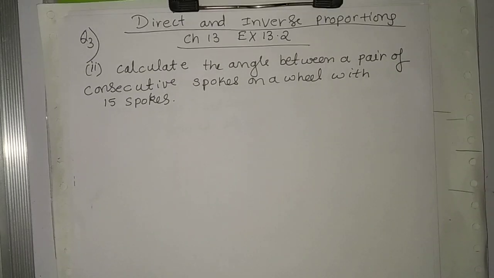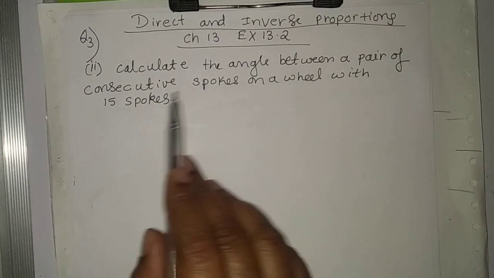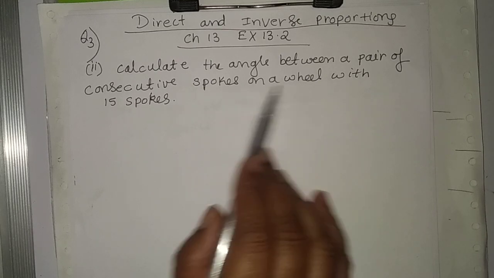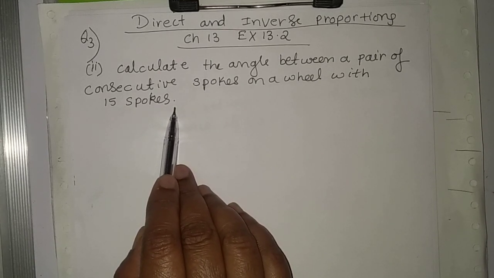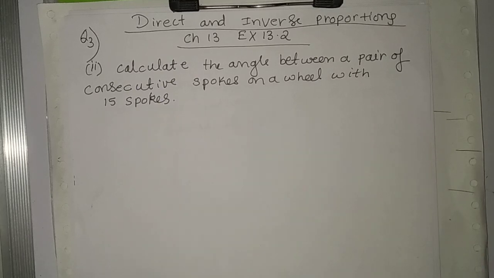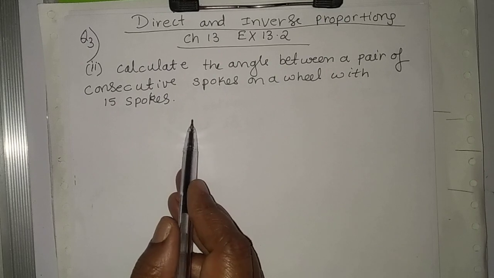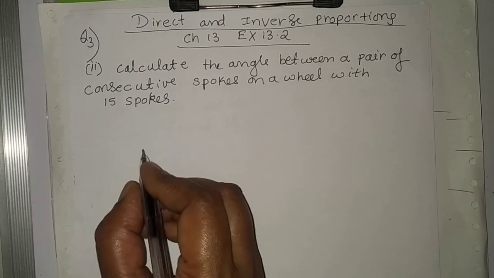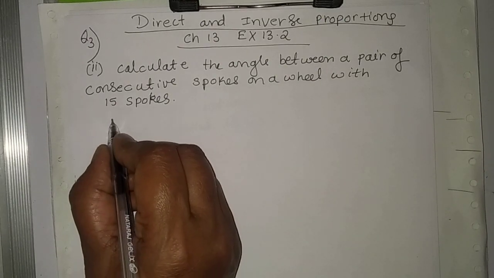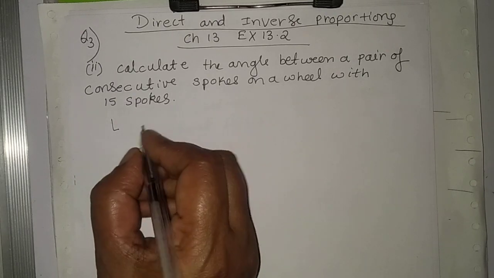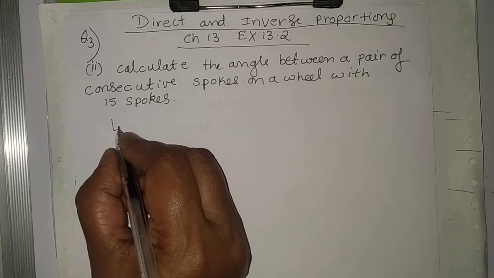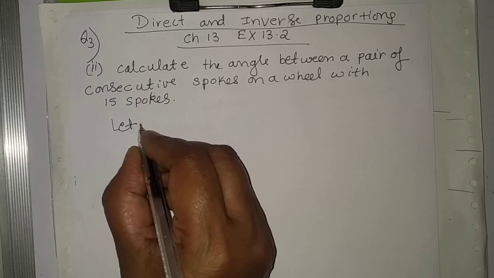The second part asks us to calculate the angle between a pair of consecutive spokes on a wheel with 15 spokes. So we have to calculate for 15 spokes. Just refer to the table, I'll continue. So for this problem, for 15 spokes, we have to find the angle between a pair of consecutive spokes.